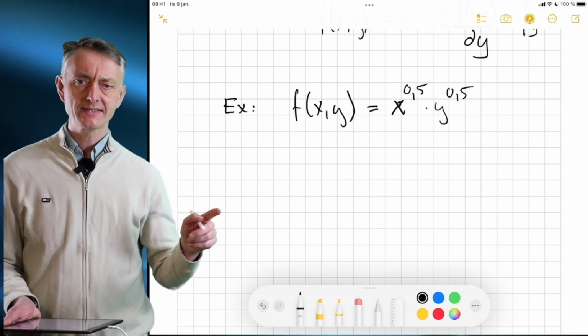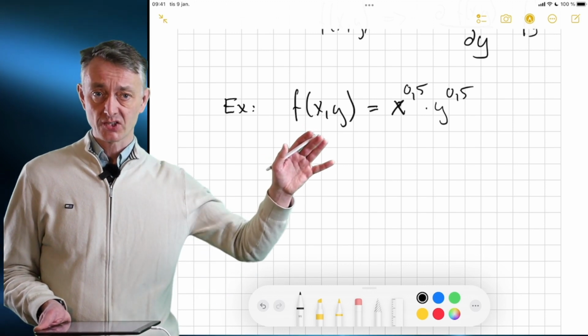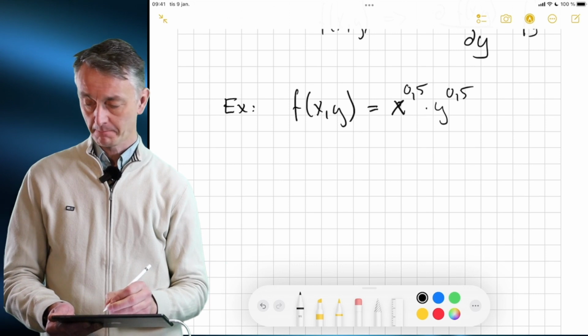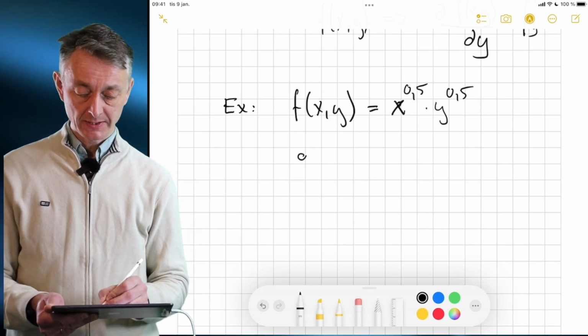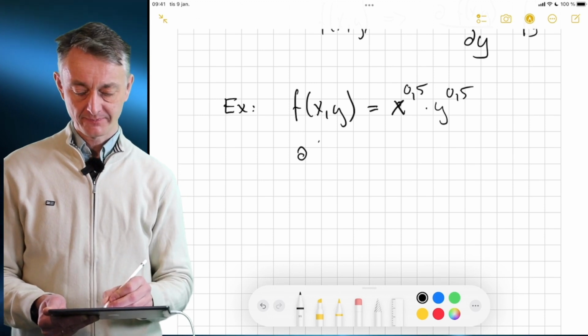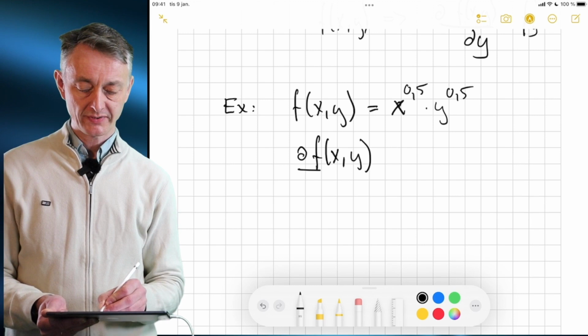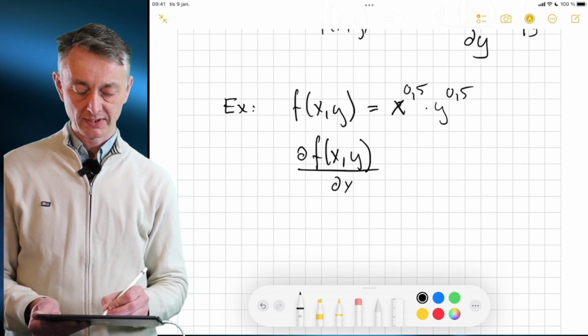What is then the partial derivative of this function with respect to x? Okay, let's calculate that. So the curly d, the partial derivative of this function with respect to x.